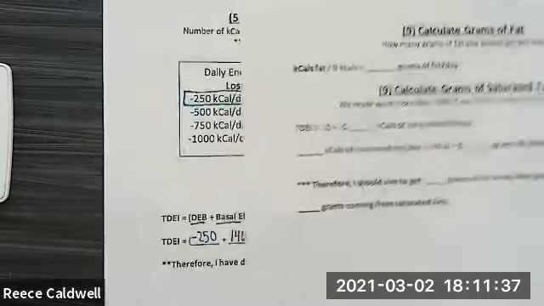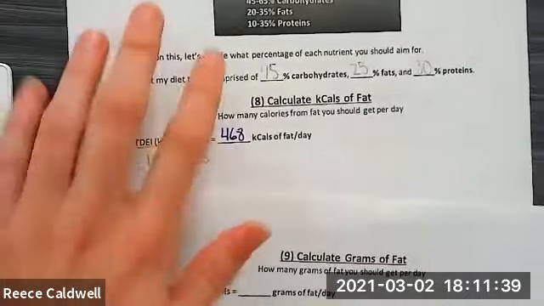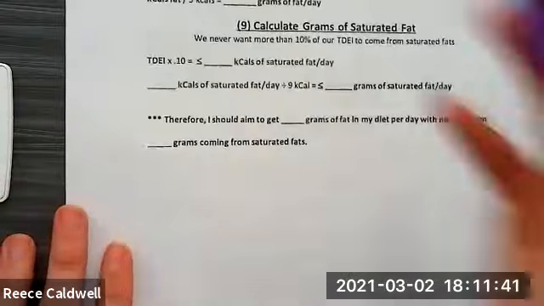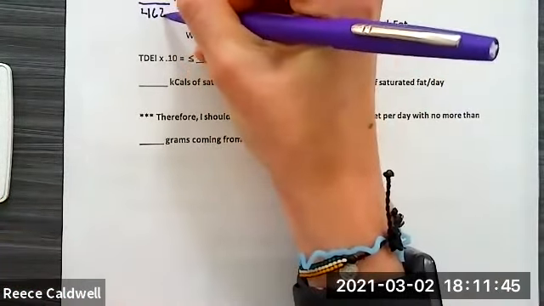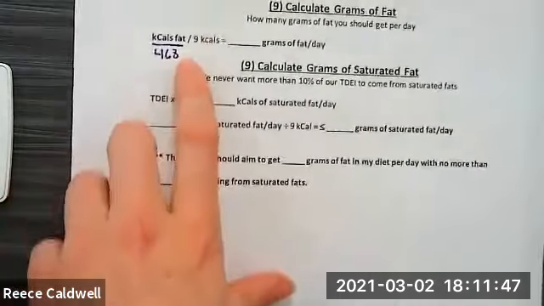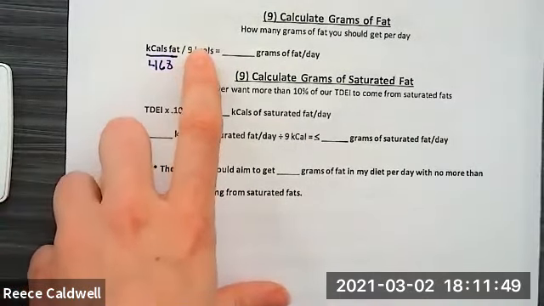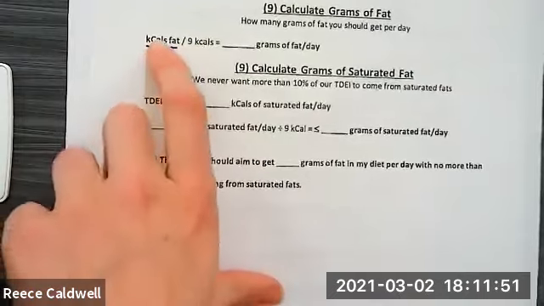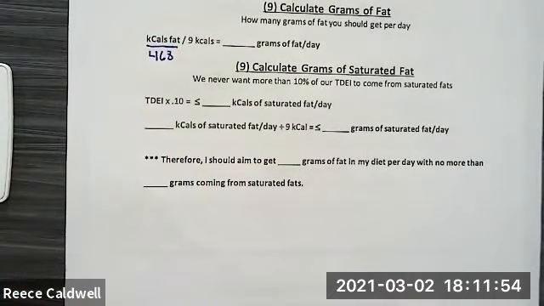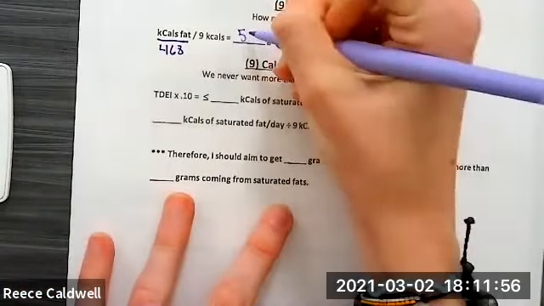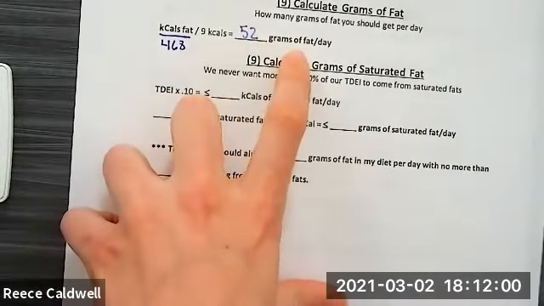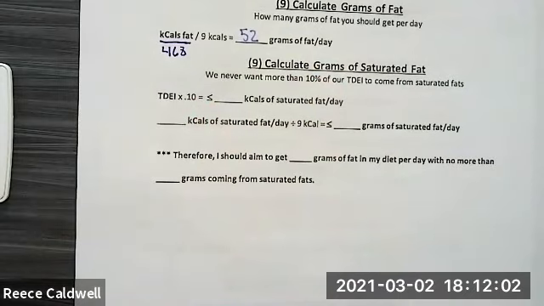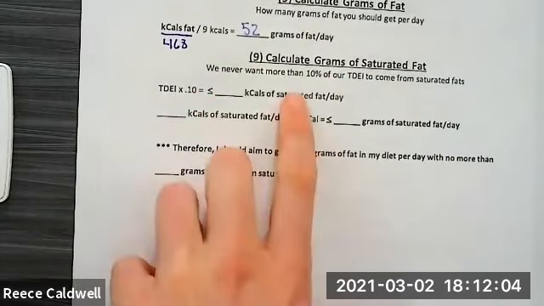We take the 468 kcals of fat and divide it by 9 kcals, because there are 9 kcals in 1 gram of fat. This gives us 52 grams of fat per day. So she should aim for 52 grams of fat in her diet a day or less.